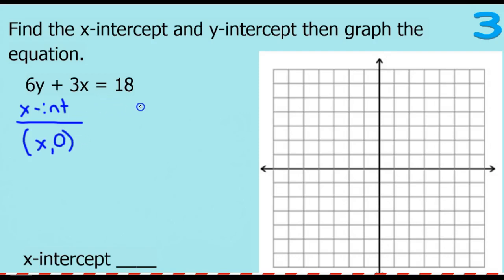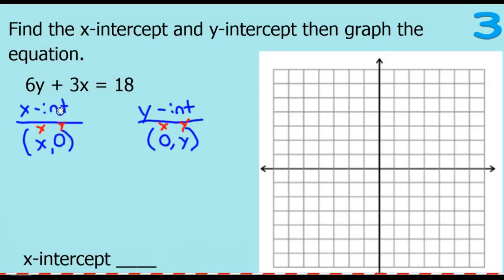And we know that our y-intercept is going to be 0, something y. So what we got to do is we know that this is our x and this is our y, just like this is our x and this is our y.